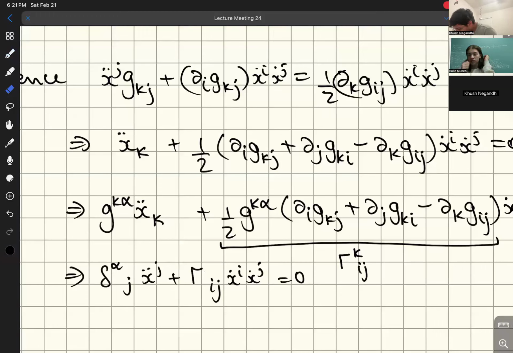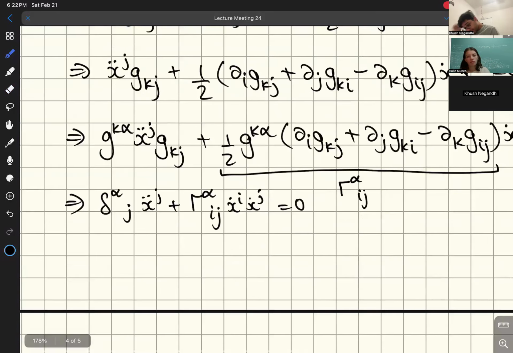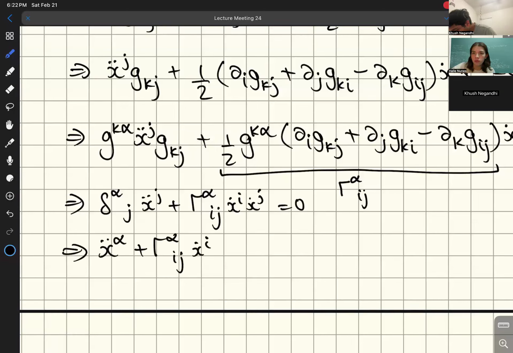Oh, there should be alpha here. Okay, sorry about that, there should be alpha over here. What that leaves me with is x double dot alpha plus gamma^alpha_ij x dot i x dot j equals 0.